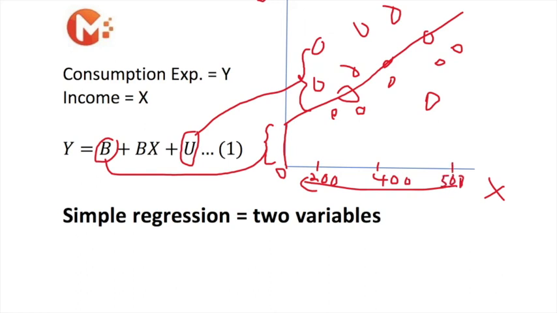So this simply explains the regression equation. Having had this regression equation, it is important to empirically test it. This is the theoretical aspect of it.